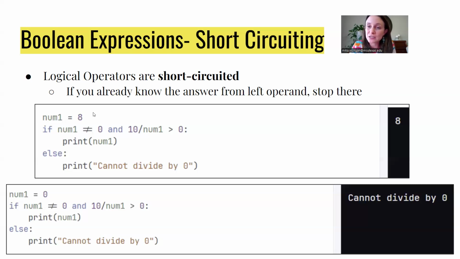Because if they entered a 0 and this becomes false, then false and anything, I already know the answer is false. I'm not going to do this operation, which means I am not going to try to divide by 0 and I'm not going to crash my program out.